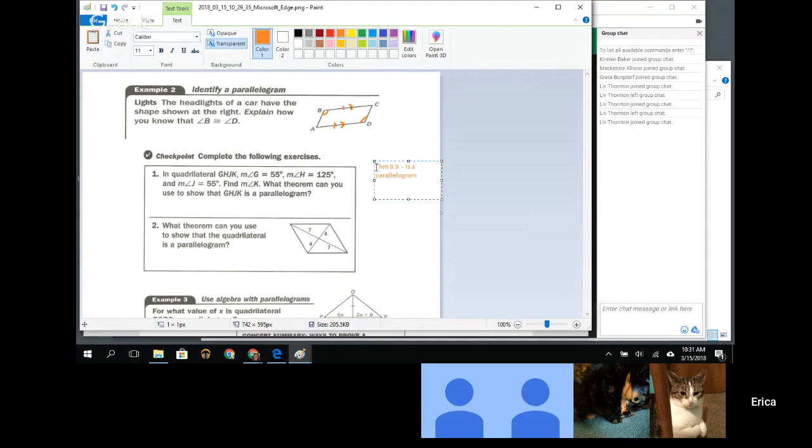Okay, and then because it's a parallelogram, then we can use theorem 8. Does anybody know? 8.4, way back in 8.4, it says if you have a parallelogram, then its opposite angles are congruent.